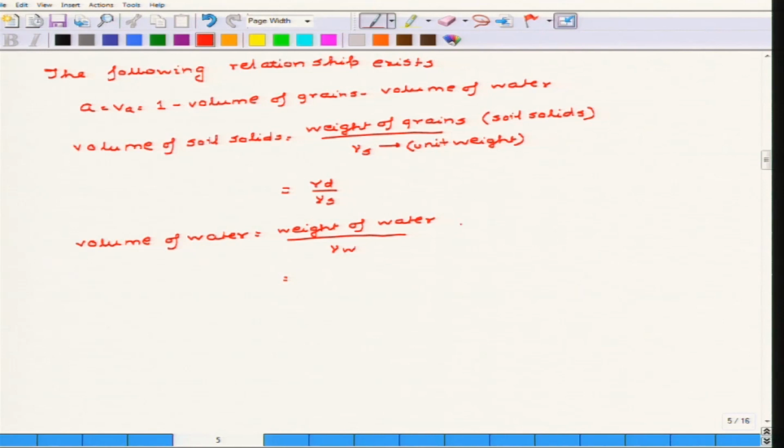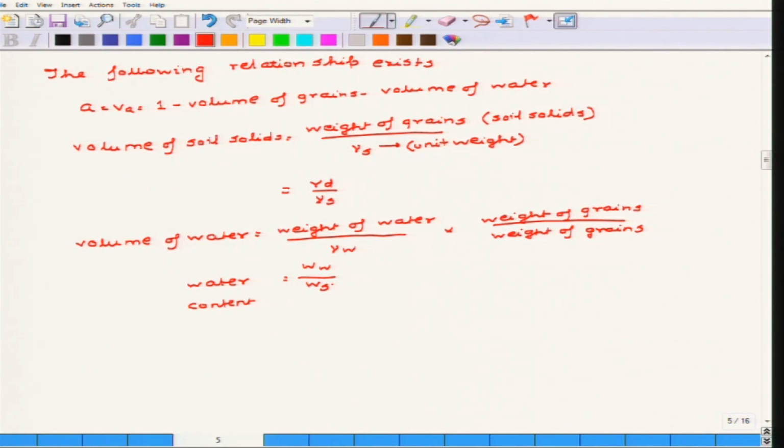So now basically what we will do is that we will multiply the top and the bottom by weight of grains. So we will multiply at the top with weight of grains, and we will multiply the bottom by weight of grains. So we all know that water content of a soil can be written as weight of water by weight of grains, or the weight of the soil solids.